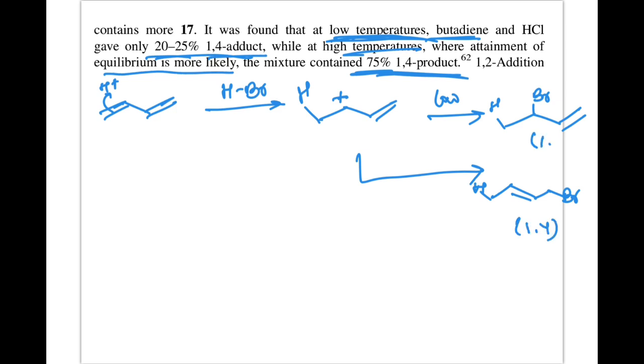And that is what is given in this example. 20 to 25% of 1,4 addition product only at lower temperature, and when the temperature is increased it becomes 75% because you have enough heat and energy, right?